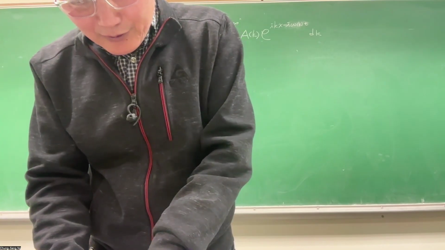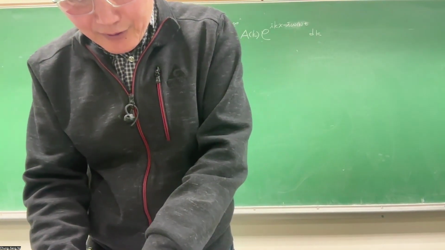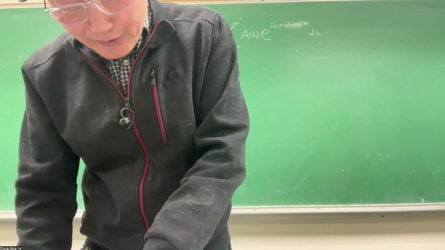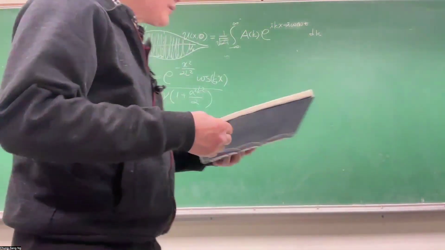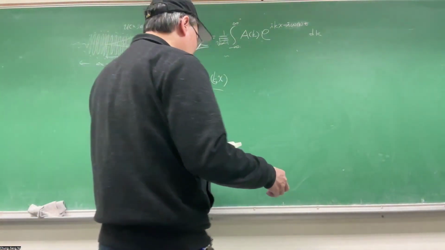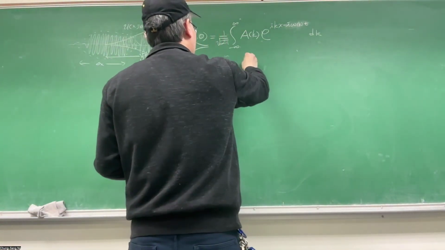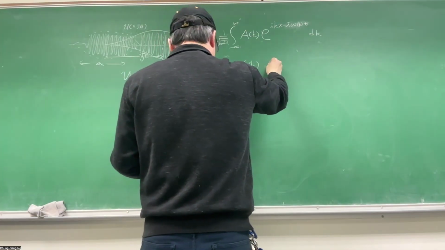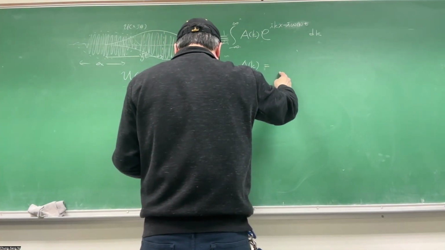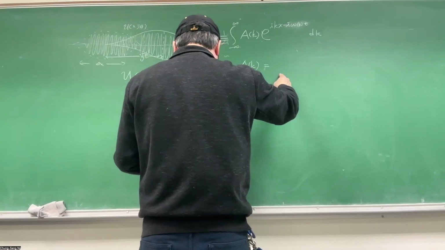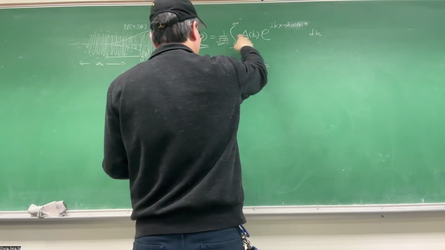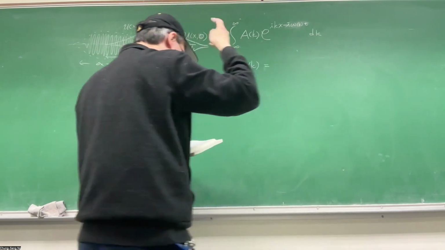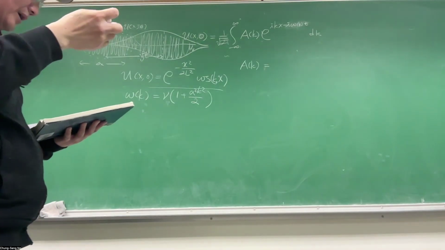But after you set partial u, partial t to 0, the second term is canceled anyway, and then we are back to just the simple Fourier transform A of k, just like taking a Fourier transform, except that you have this 1/2 part.